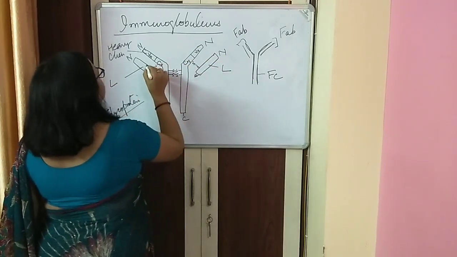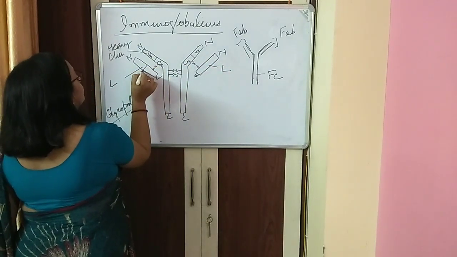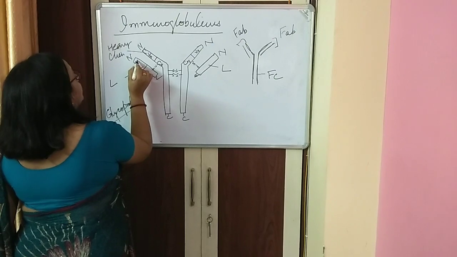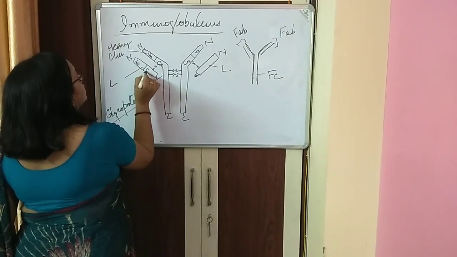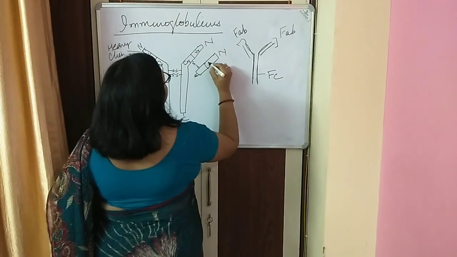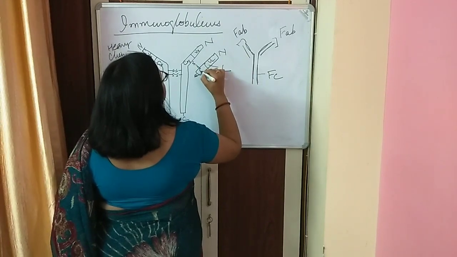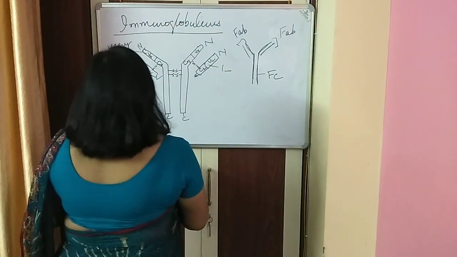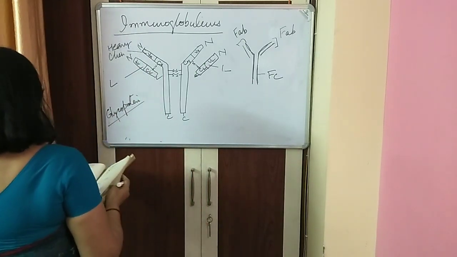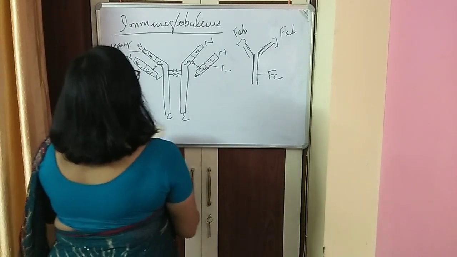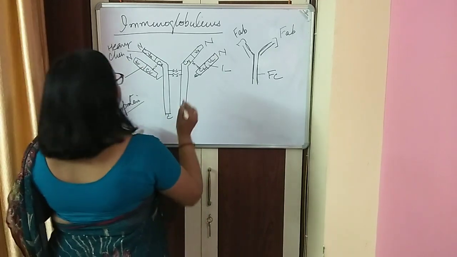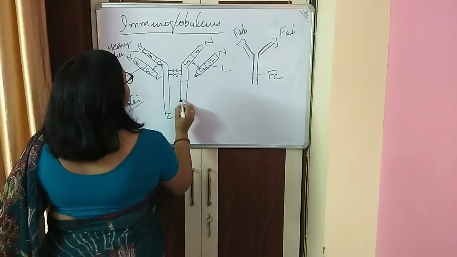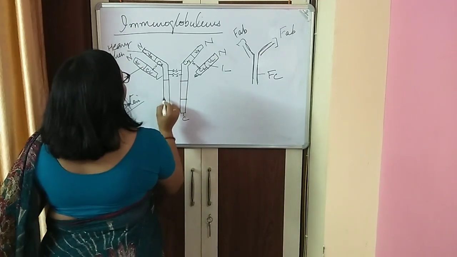And this is for the light chain: VL, CL. How many constant regions there will be depends on the type of antibody.